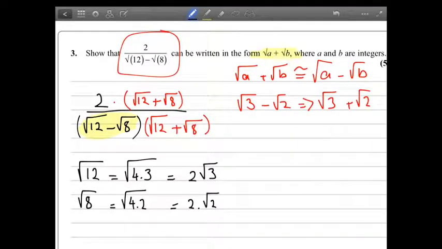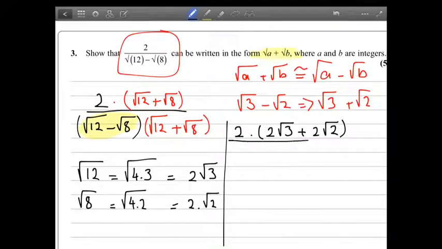And we can write the expression in the form 2 times square root of 3 plus 2 times square root of 2 over the denominator.